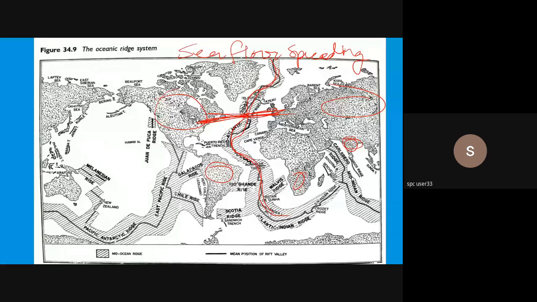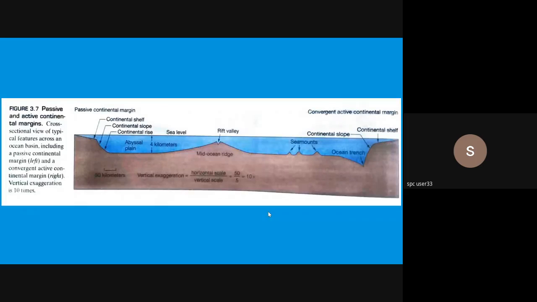How does this happen? While you have a ridge at one particular location, you are going to have trenches on the other, and we are going to see that as well. This is the distribution in a cross section. You'll see this is the Rift Valley, the Mid-Atlantic Oceanic Ridge, and you move away from it.